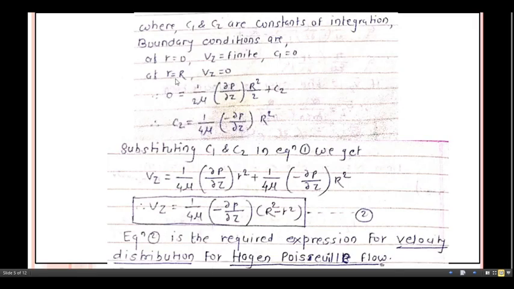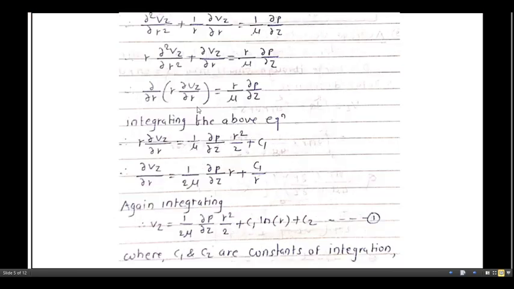Similarly, if I substitute the value for r as capital R and vz equals 0, what do we get? We can get this term in this way, 1 upon 2 mu.